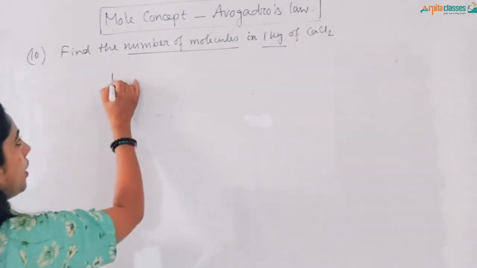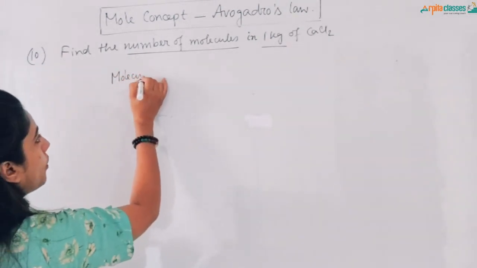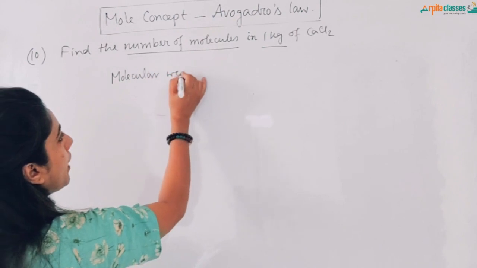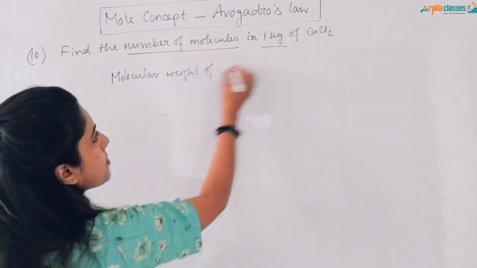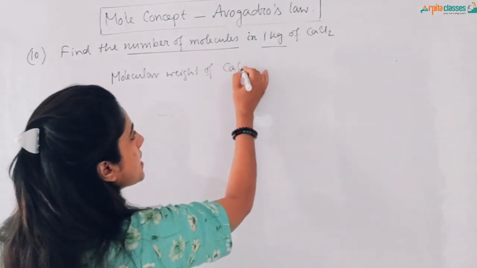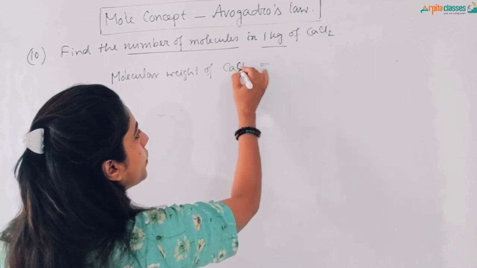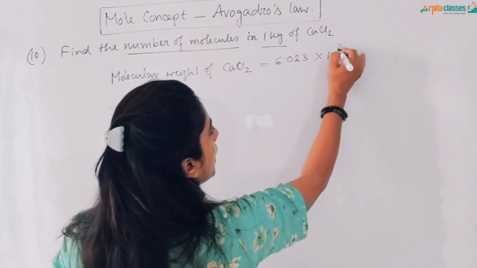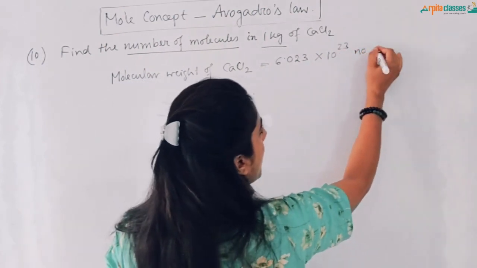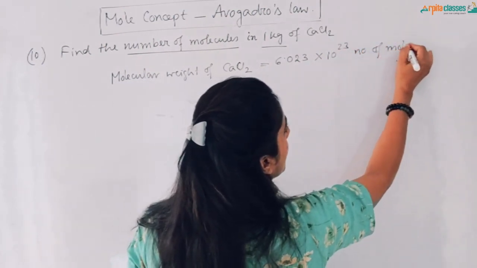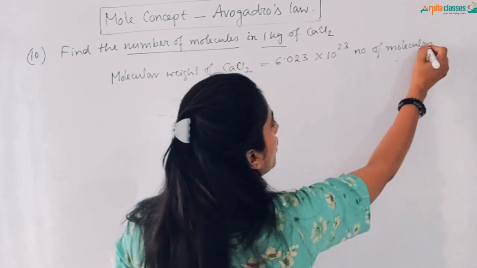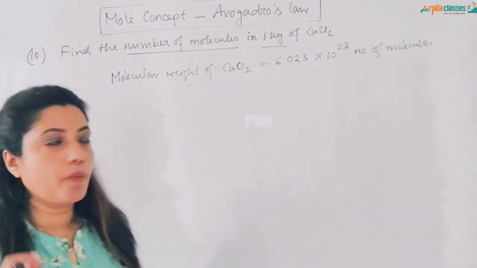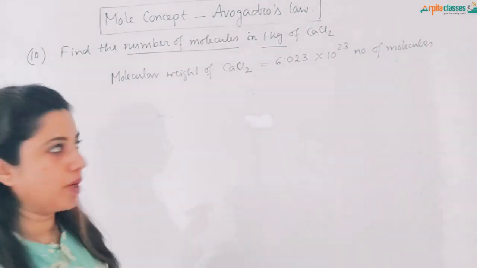So we are going to write molecular weight of the substance CaCl2 is equal to Avogadro number of molecules, 6.023 into 10 raised to power 23 number of molecules.